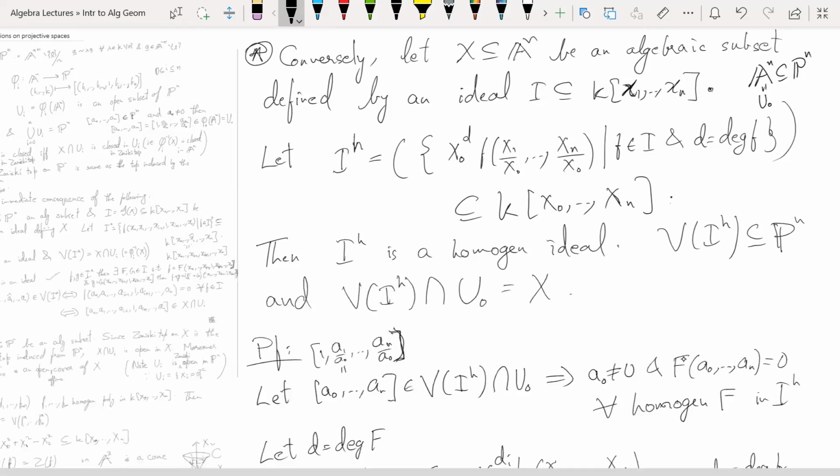The construction I'm going to do is to think of X as an algebraic subset of U0 and then extend it to an algebraic subset of Pn. If you think of X as an algebraic subset of U1 instead, you'll have to interchange capital X0 and capital X1 in this construction.